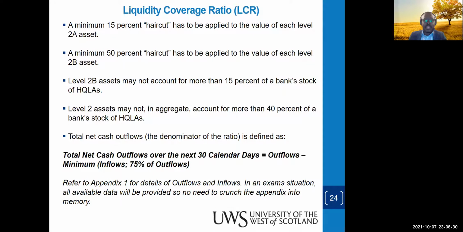All right. Now, there's always a haircut. When I use the word haircut, in layman's language, you go to the barbering salon to chop off some hair. Why do you chop those ones off? You don't need them. You make provision for the clean hair. So there's always a minimum haircut imposed of 15% on level 2A assets and 50% on level 2B.